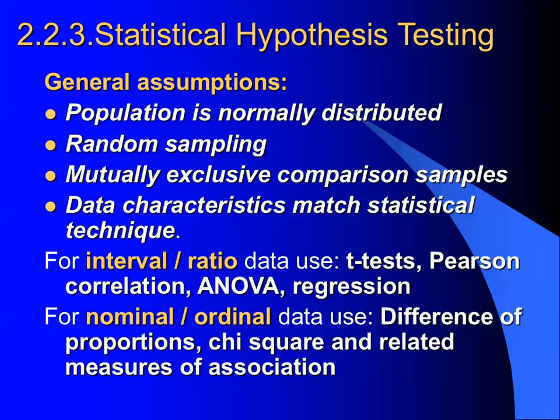When we deal with categorical data, nominal, ordinal, difference of proportions, chi-square, and related measures of association must be used. So that's the reason why data type is important. Because we can't use test statistics for ordinal data. Logically, we can't. Technically, we can.